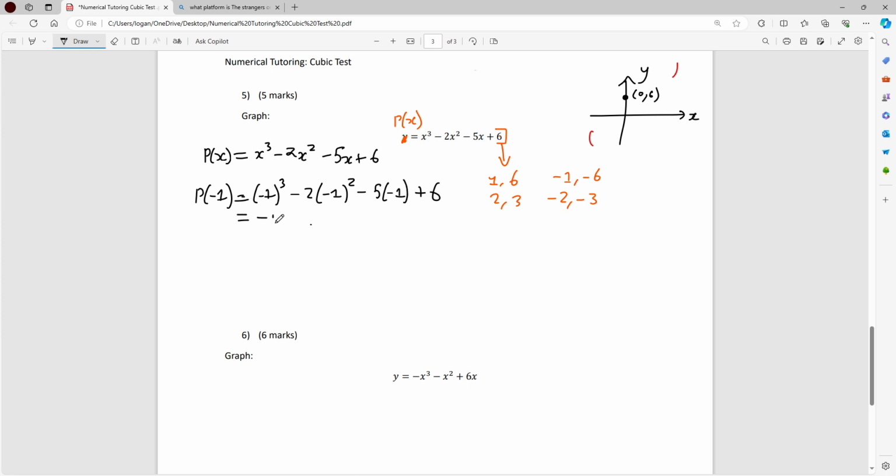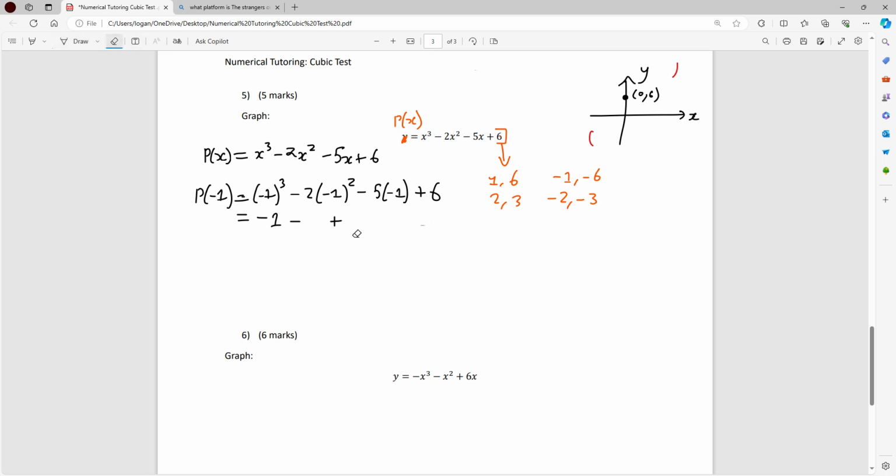So you're going to get negative 1, this is going to be minus 2, because negative 1 squared is positive, or any number squared is positive, then it's going to be negative 2. This is going to be positive 5, and this one is going to be positive 6. Now you can see straight away it's not going to be equal to 0, because there are two small negatives, okay? Now, then we try positive 1, okay?